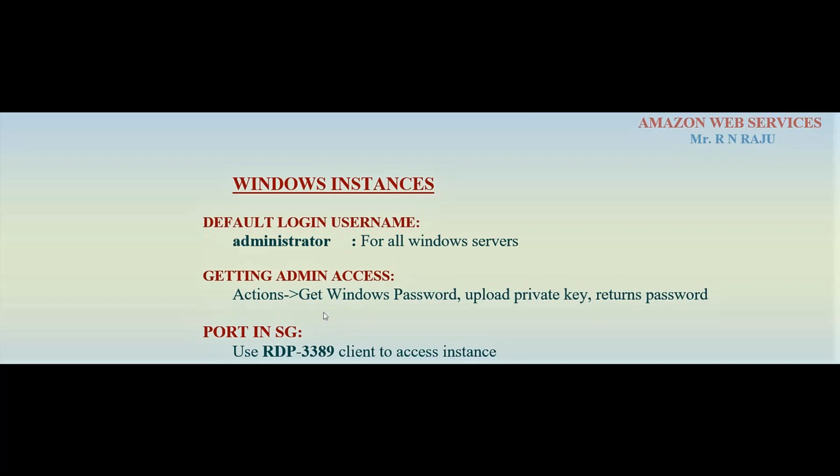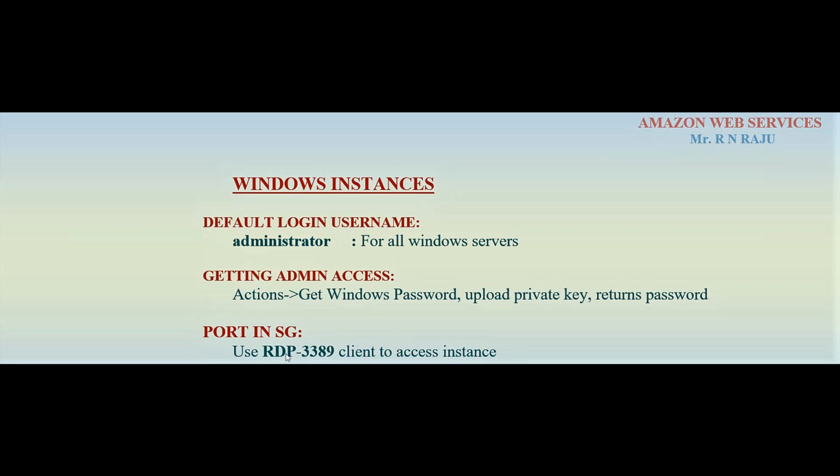Here, you want to connect to Windows servers remotely, so you will use RDP as the protocol. The port number is 3389 for the client to access the instance. I mean, if the user wants to access Windows servers, you must add port number 3389 in the security group for the RDP protocol.